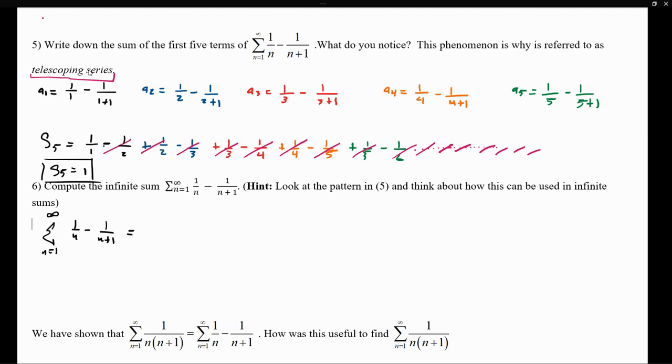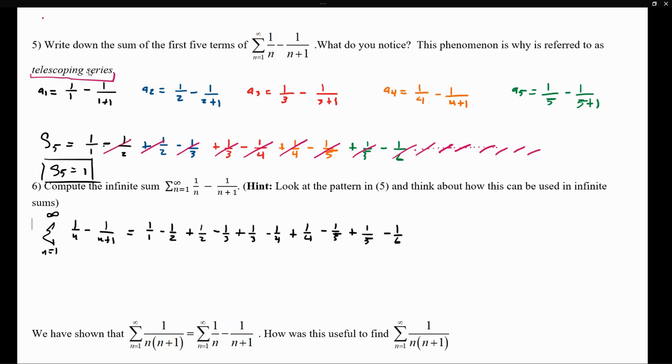If I would have added the first term, I would have got 1 over 1 minus 1/2. And if I would have added the second term, it's 1/2 minus 1/3. The third term, 1/3 minus 1/4. The fourth term, that's 1/4 minus 1/5. And the fifth term, 1/5 minus 1/6.